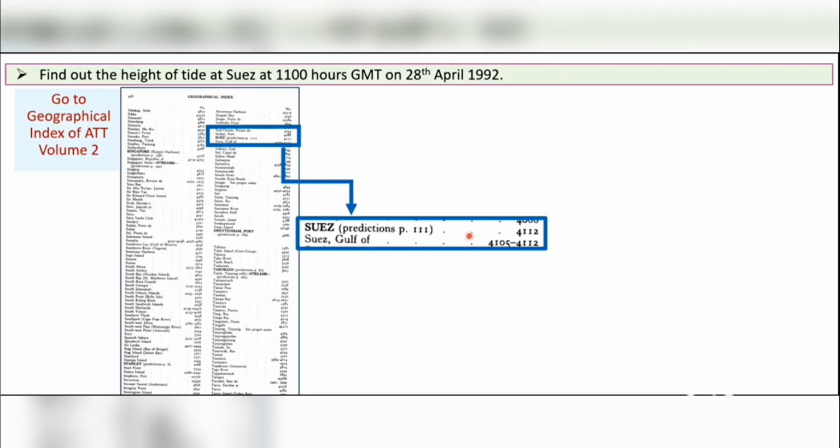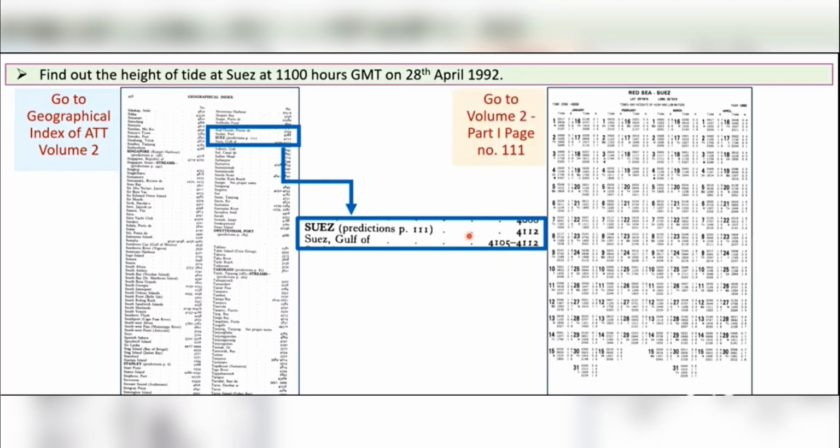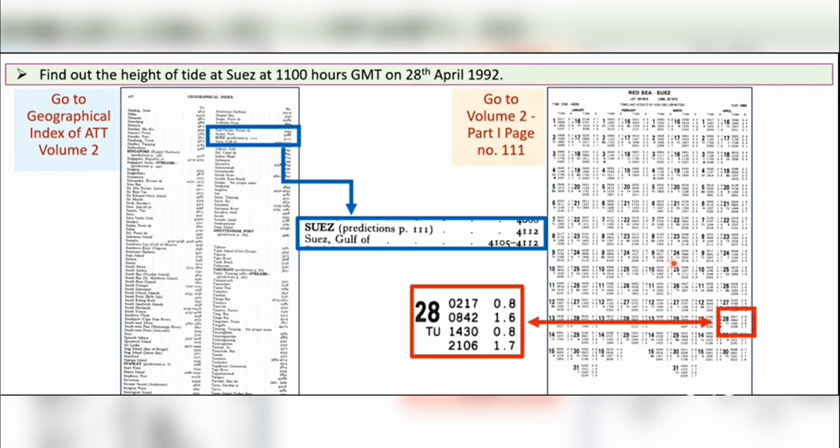So from here, we go to page 111 of ATT Volume 2, and we get the information for Suez. Here we pick out the daily predictions for 28th of April, and you can see this is the information for 28th April.